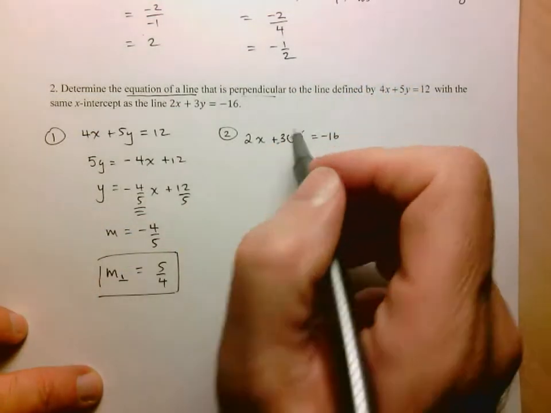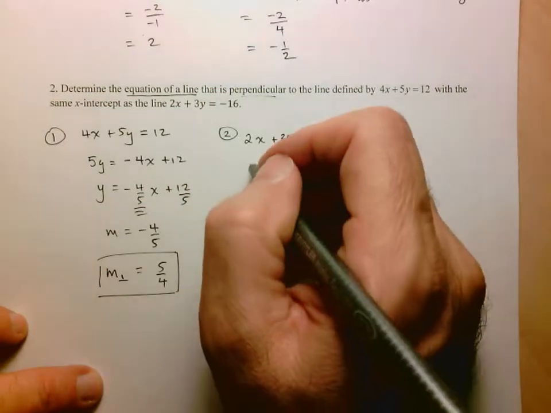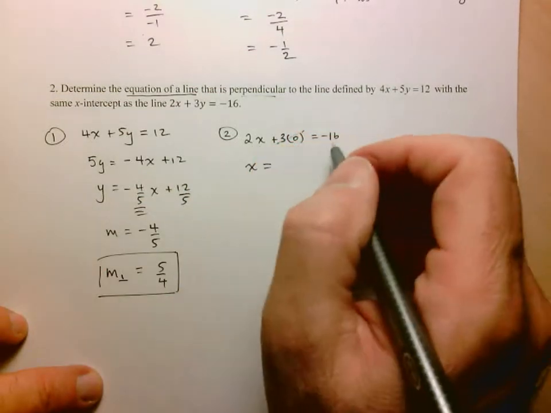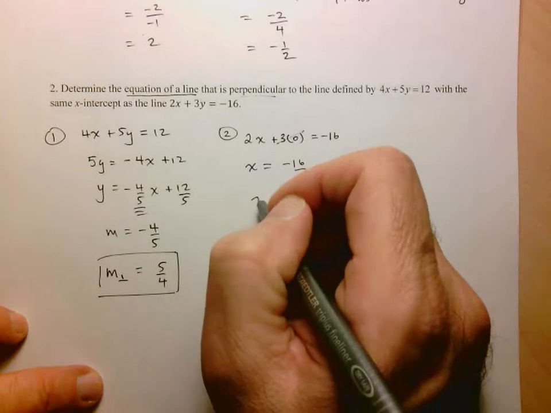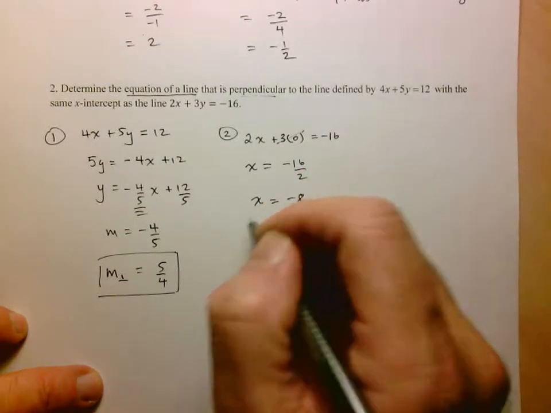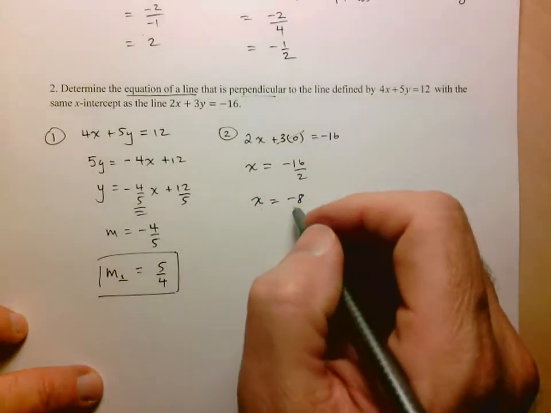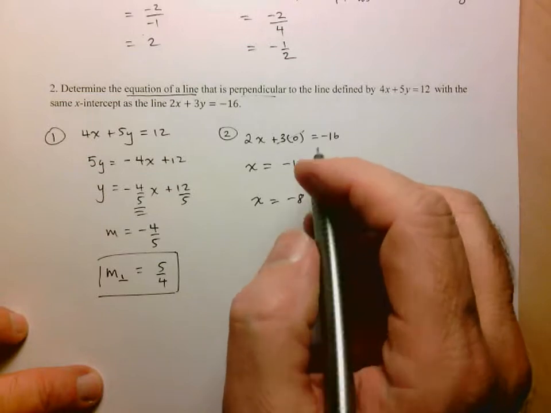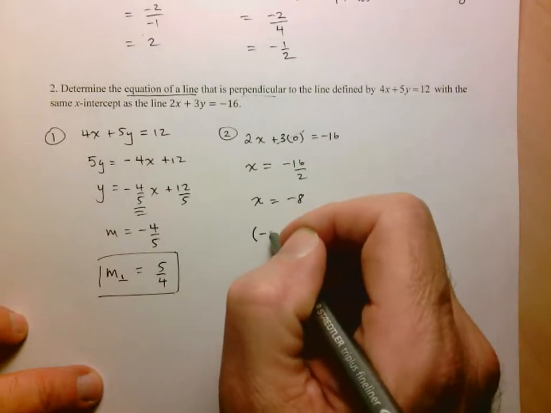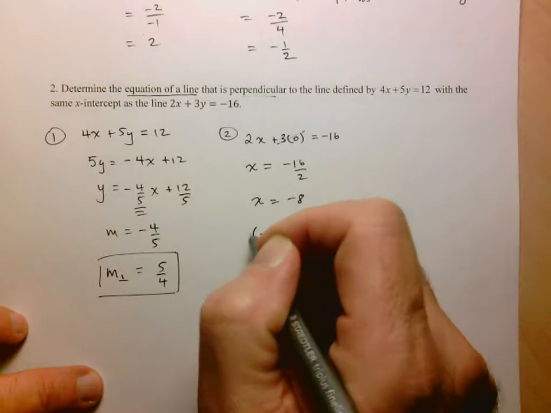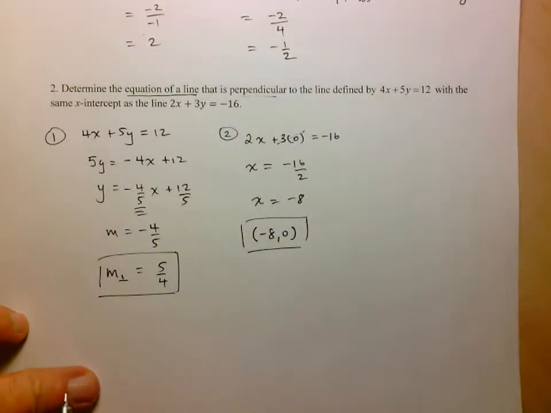And so that just disappears. 3 times 0 is 0. Now I can solve for x. Negative 16 divided by 2. x equals negative 8. So if the x-intercept is negative 8, it means that the point (-8, 0) is on the line that I'm looking for.